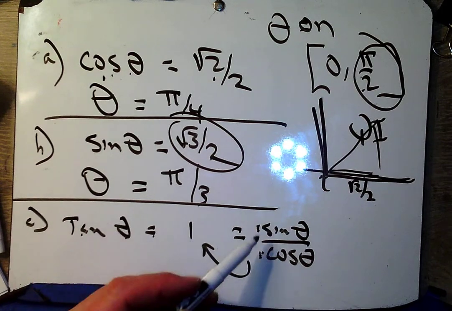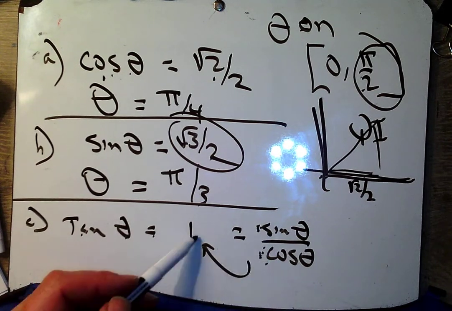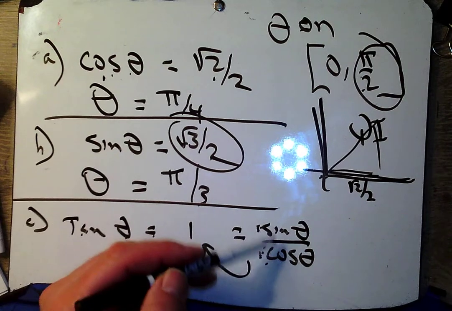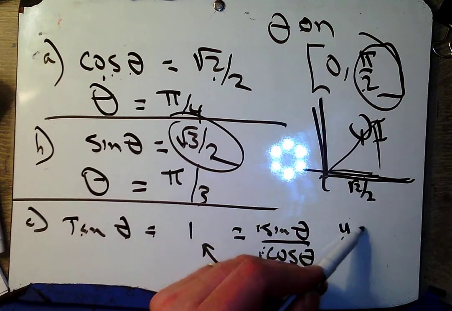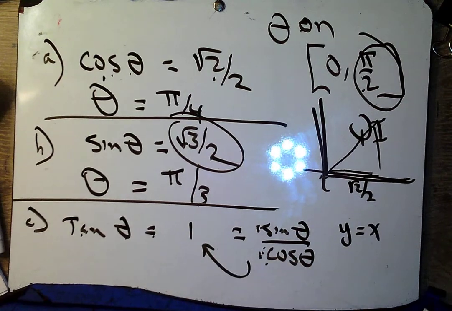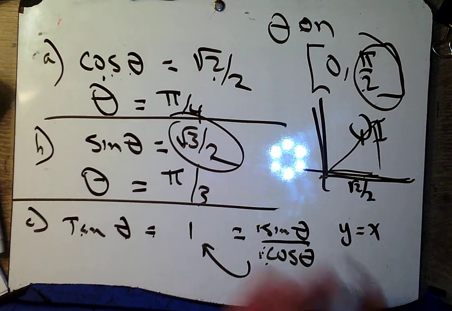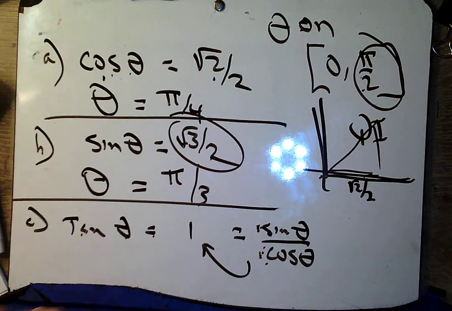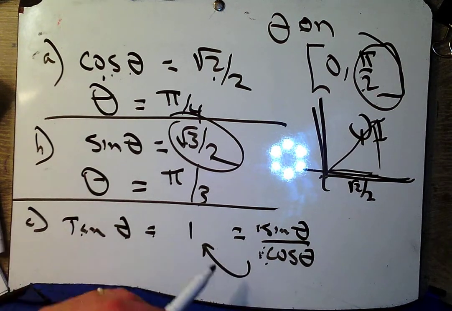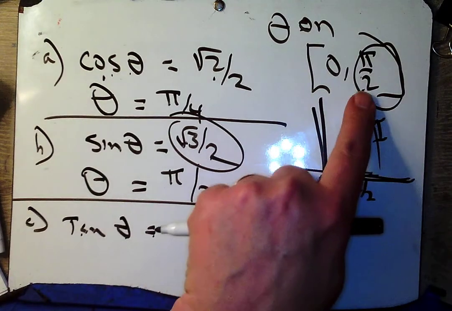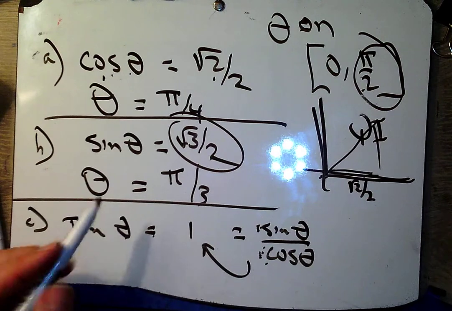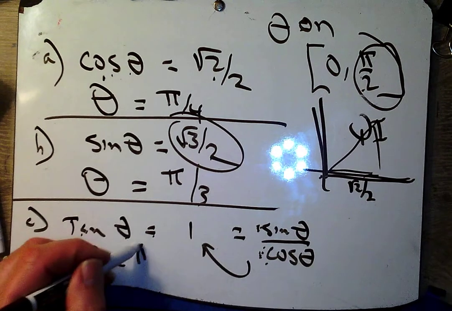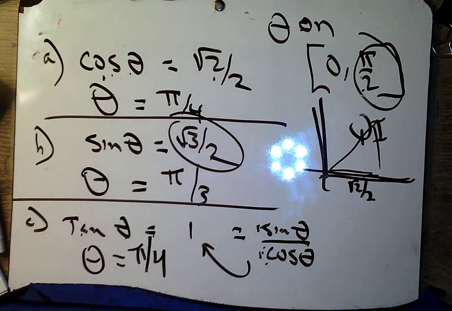Well, if I take this and divide it by that and the result is 1, these things are the same. And that's another way of saying when the y value equals the x value in your ordered pair. When does that happen? Oh, right, that happens at pi over 4 and 5 pi over 4. But because we're stopping at pi over 2, we can never get to 5 pi over 4. We only get one solution, the solution at pi over 4.